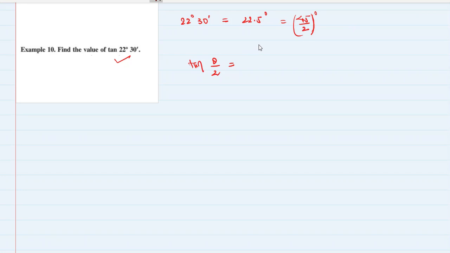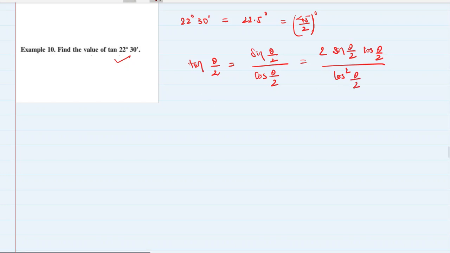Okay. So tan theta by 2 is sin theta by 2 upon cos theta by 2, or you can write it as 2 sin theta by 2 cos theta by 2 upon 2 cos square theta by 2.